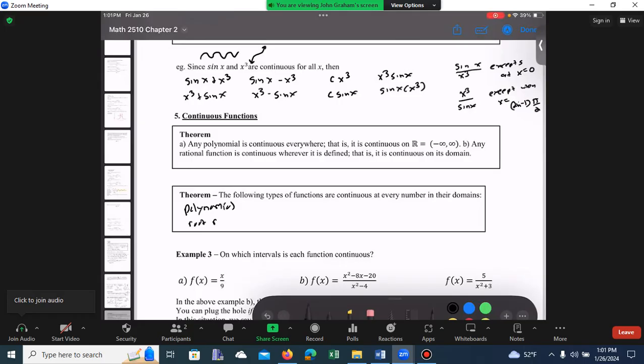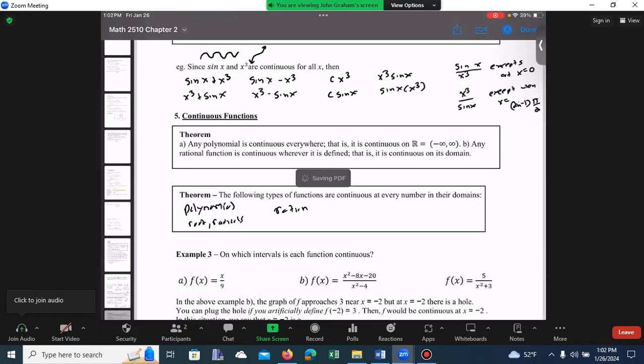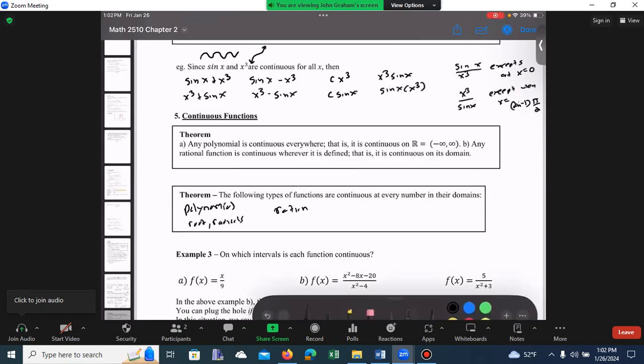Functions, or radicals, rational, trig, exponentials, logs, also continuous on their domain.